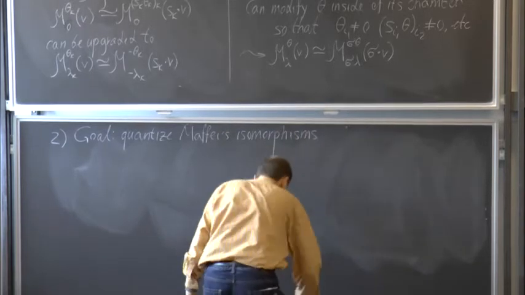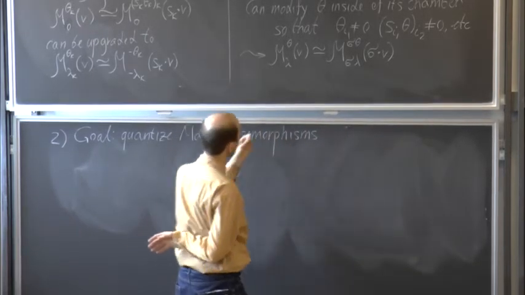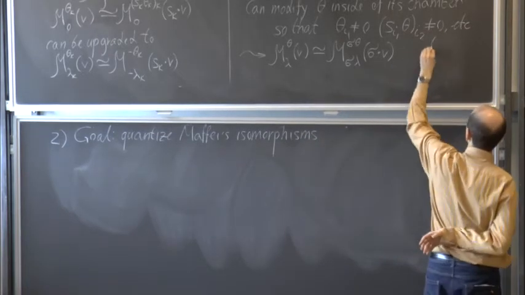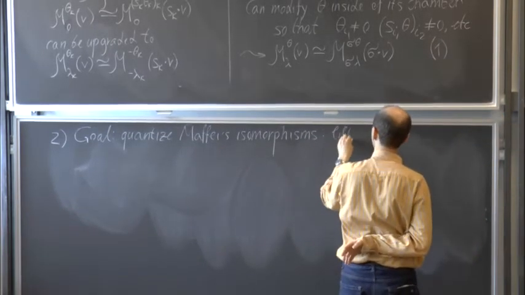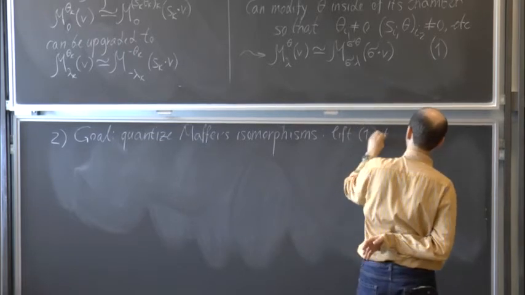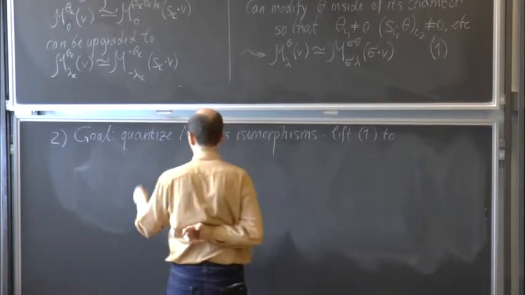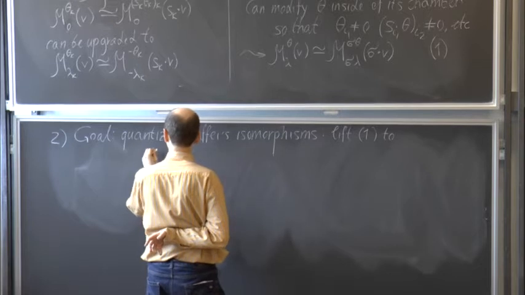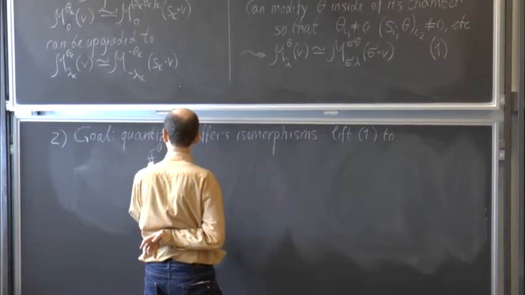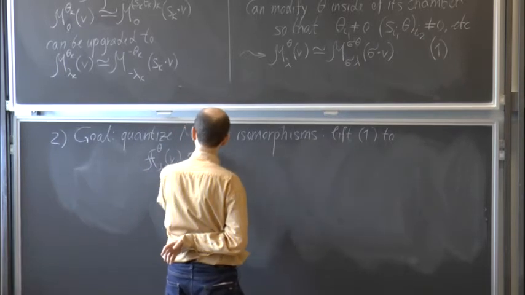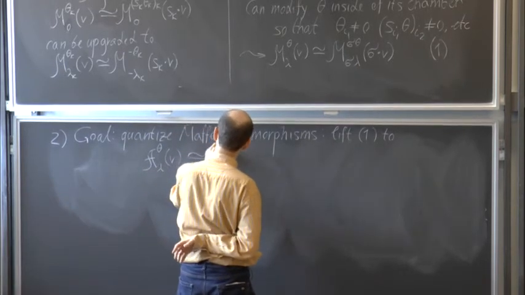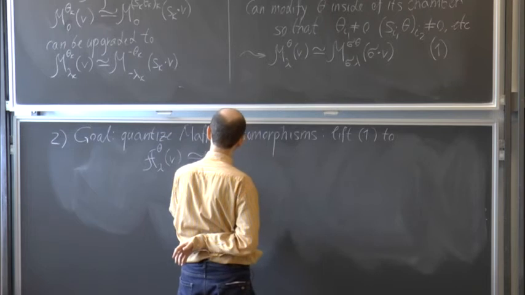So I want to lift this isomorphism 1 to an isomorphism of A theta lambda V with A sigma theta something.